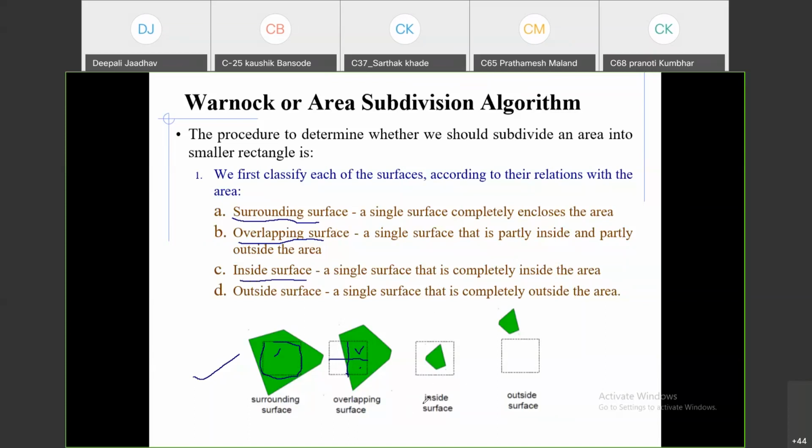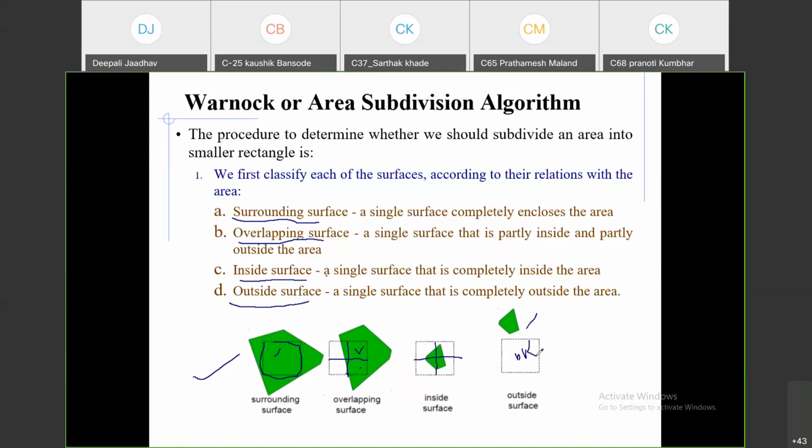Next, the next classification is the inside surface, meaning a single surface that is completely inside the area. It is not possible to decide to give the green color to the entire area, so we need to divide it into parts. And outside surface: a single surface that is completely outside this area. So here the background color remains as it is.